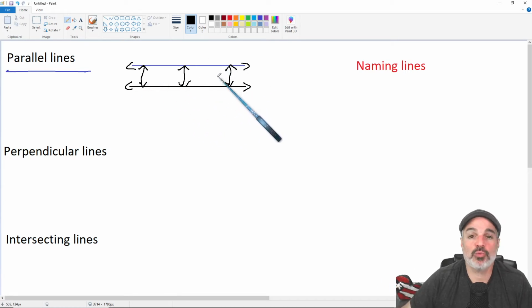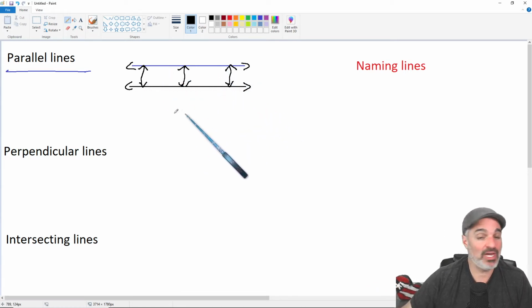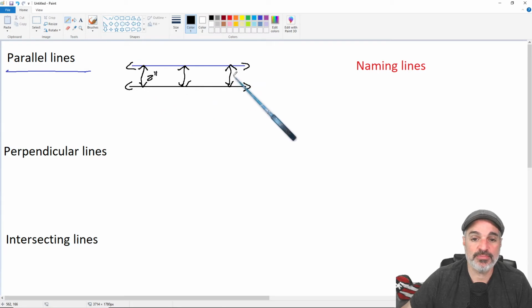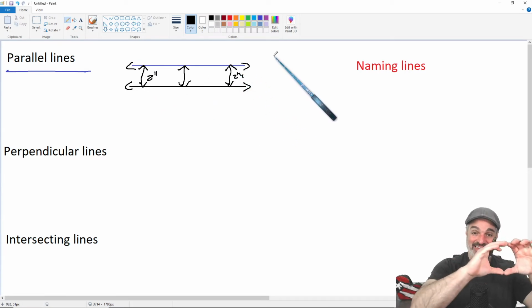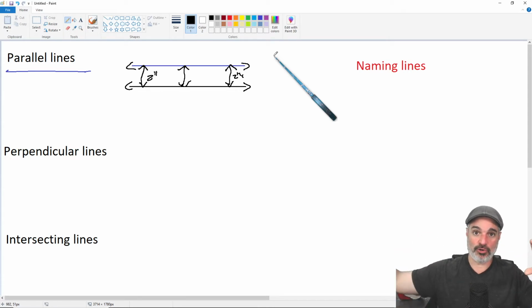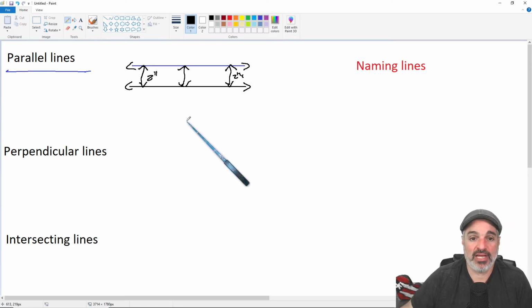So it doesn't matter where you measure the distance between the two lines, it's always going to give you the same. If this measures 2 inches and this measures 2 inches, that means that distance is kept all throughout the pair of lines. And those are parallel lines, lines that will never cross or touch each other.